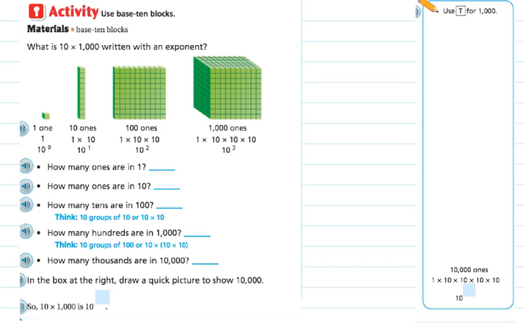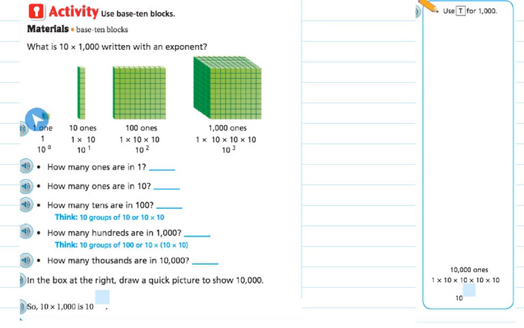100 ones is written as 1 times 10 times 10, or in exponent form, the second power of 10. And 1,000 ones is written as 1 times 10 times 10 times 10, or as an exponent form, the third power of 10. So our first question, it says, how many ones are inside of 1?